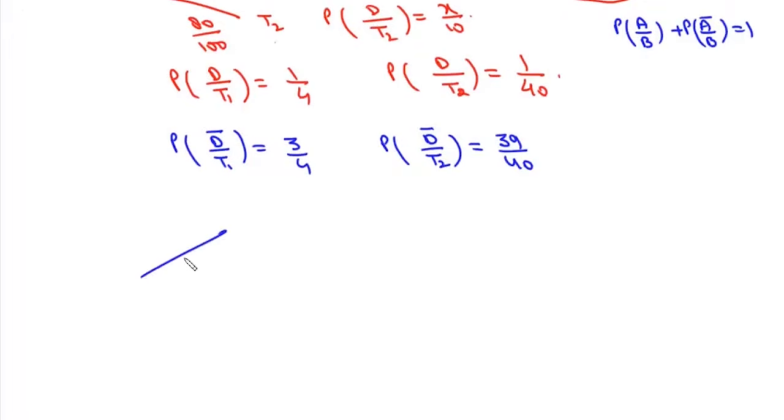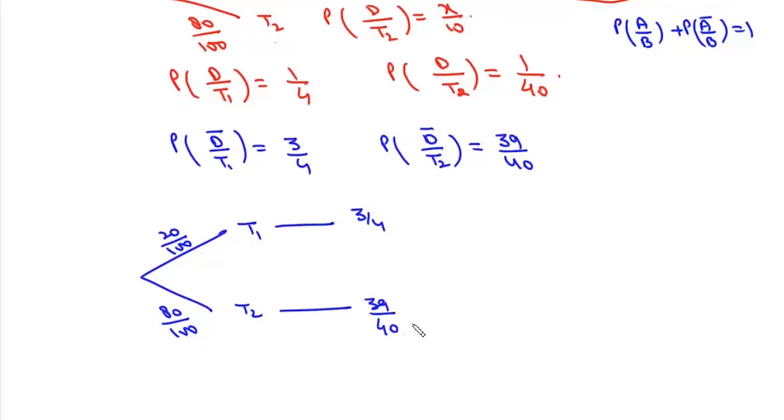So now again we have two plants, T1 and T2. Getting it from T1 is 20 by 100, T2 is 80 by 100. Not defective from T1 is 3 by 4. Not defective from T2 is 39 by 40.